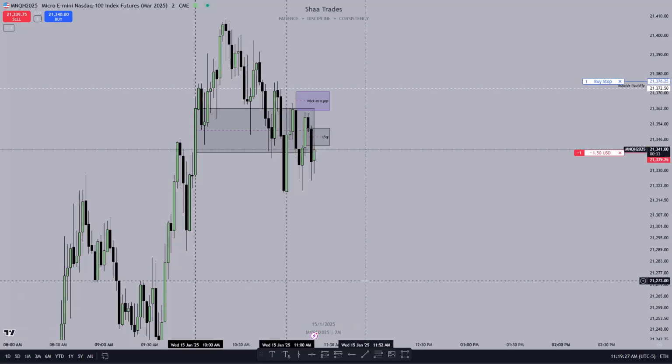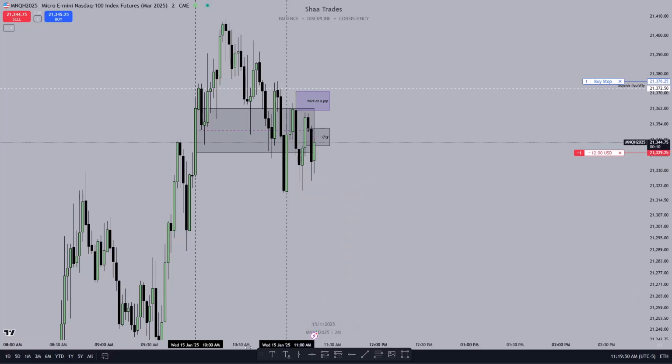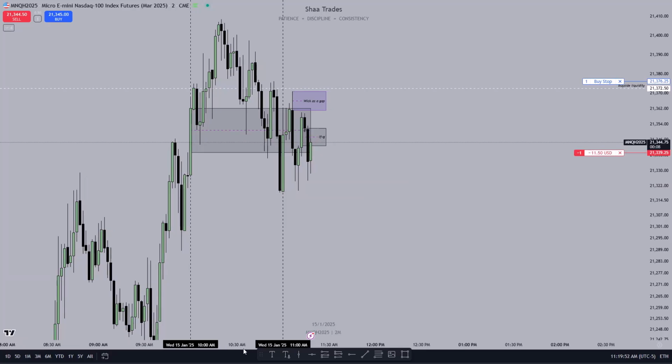And this is what ICT talks about when he says these are like higher resistance. Whenever we're in a high resistance environment like this, and price is just playing around back and forth, me personally, I don't like to be in those kind of trades.